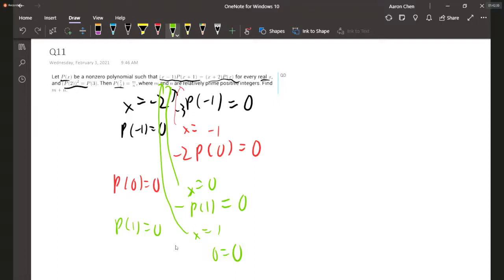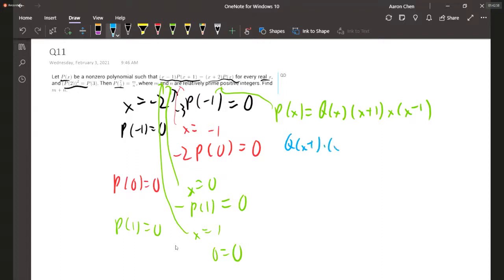So now you can let p of x be q of x times (x plus 1) times (x minus 1). And now you can plug this into here again. When you do that, you get that q of (x plus 1) times (x plus 2) times (x plus 1) times (x minus 1) equals (x plus 2) times q of x times (x plus 1) times (x minus 1).